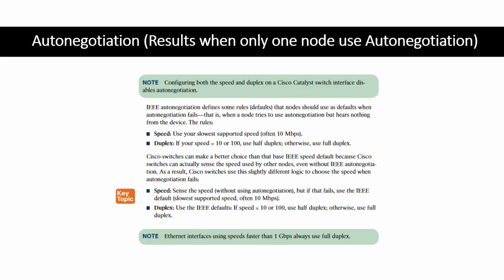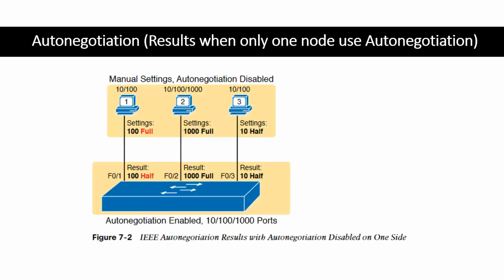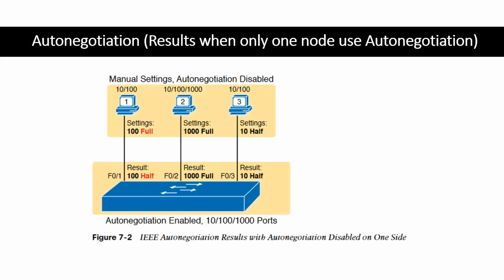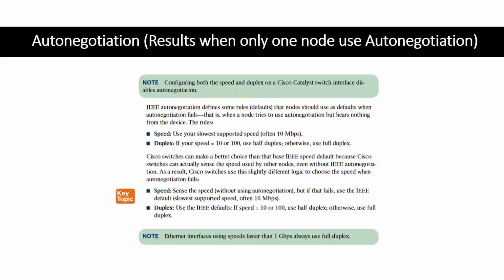Speed: sense the speed without using auto negotiation, but if that fails, use the IEEE default, the slowest supported speed, often 10 megabits per second. On Ryan's Cisco switch, I plugged in PC1, set it to 100 megabits per second and full duplex. Ryan's switch said, I can sense the speed, I can hear the electrical signals, I'm going to set the speed to 100. So it followed the Cisco logic. Your switch did.